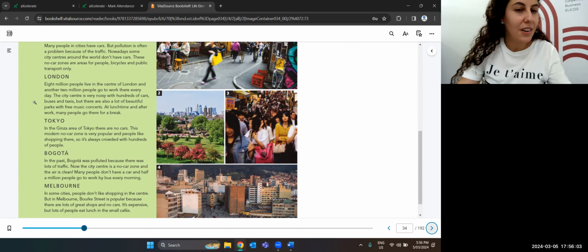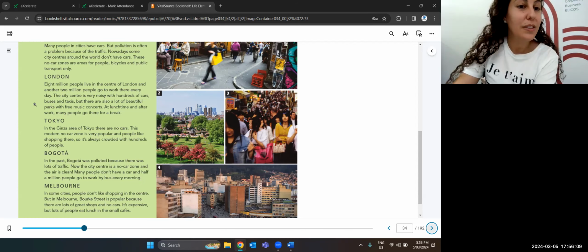But there are also a lot of beautiful parks with free music concerts. At lunchtime and after work, many people go there for a break.